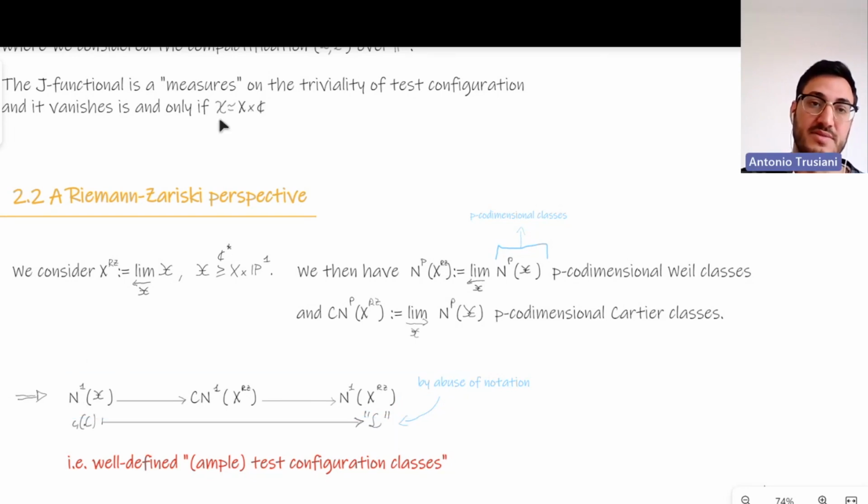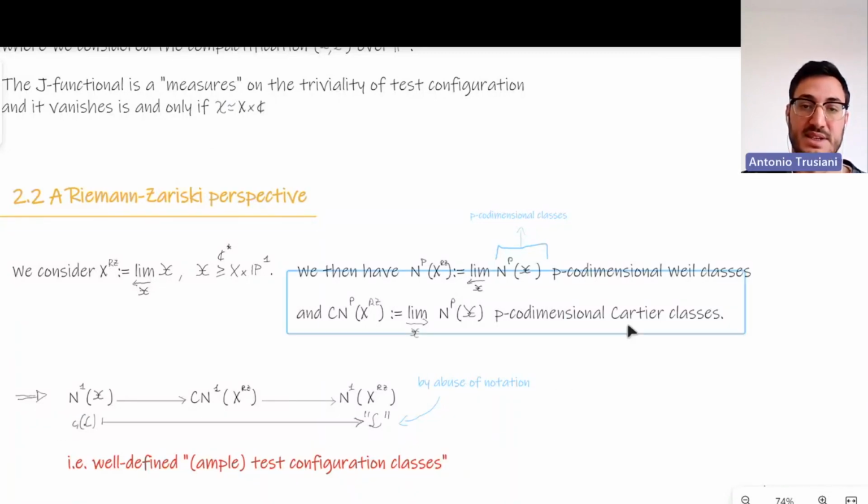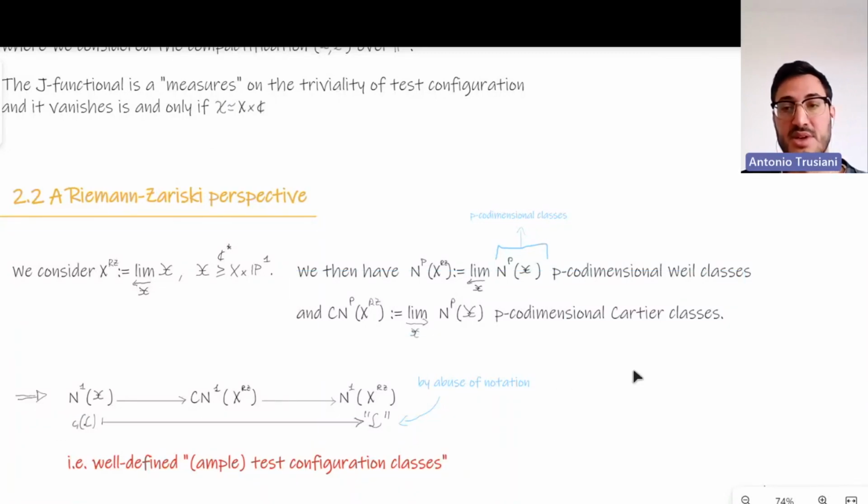Instead of talking about test configurations, we talk about test configuration classes, in the sense of numerical classes. This is very natural for our setting because we want to encode this divisor that is given in the Riemann-Zariski space associated to X, so in all Y that dominate X. So it is natural to change perspective in K-stability with this Riemann-Zariski perspective.